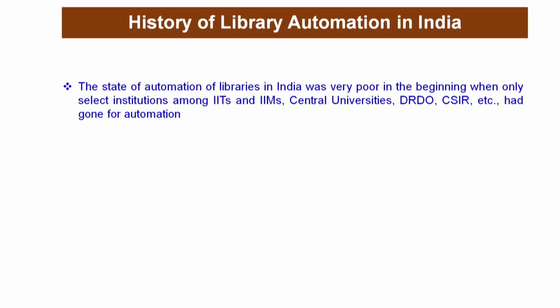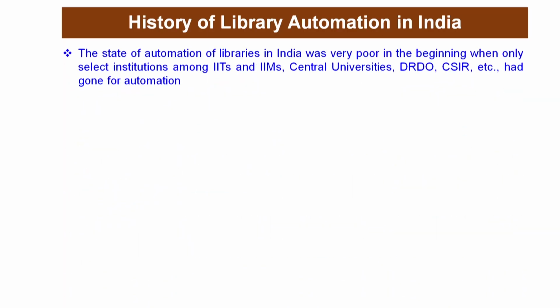So now let us look into the scenario of India, where these historical aspects of library automation have developed. The state of automation in Indian libraries: we can see that all the leading organizations like Indian Institutes of Technology, Indian Institutes of Management, Central Universities, Institutes of National Importance, have started applying such automation systems.